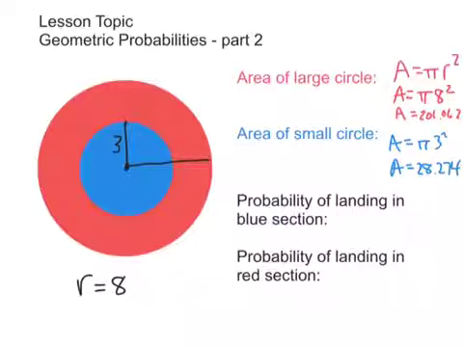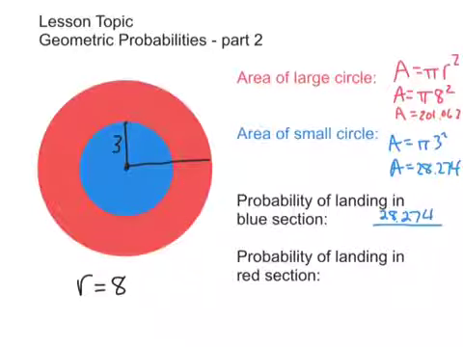So, again, similar to our previous examples in Part 1, the probability of landing in this blue section, which means you win, is the area of that circle, which we just found to be 28.274, out of the entire sample space.